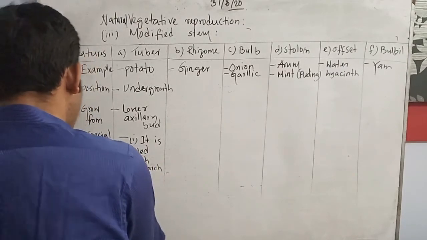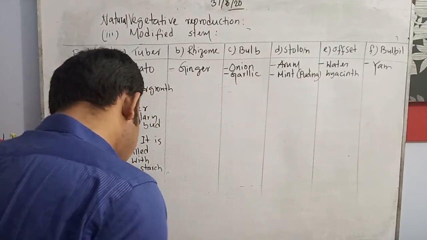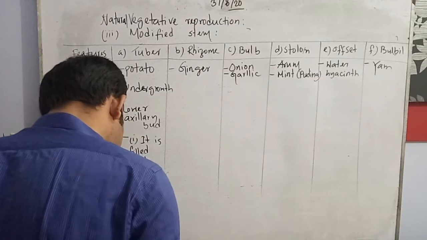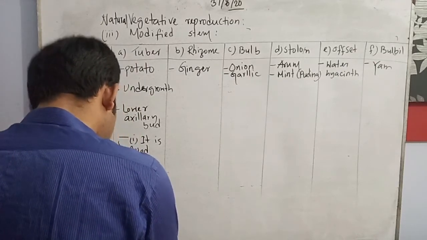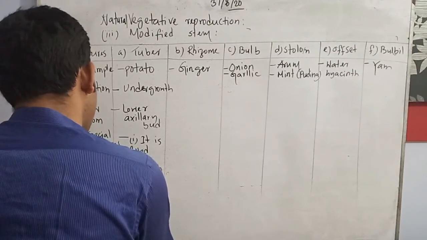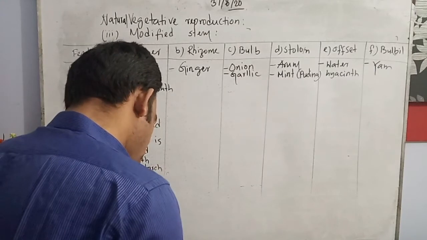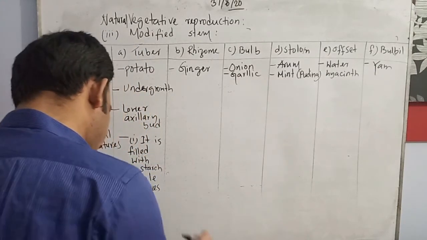And number 2, they have scale leaves, we have seen from there. And not only that, we will try to understand about their eyes.